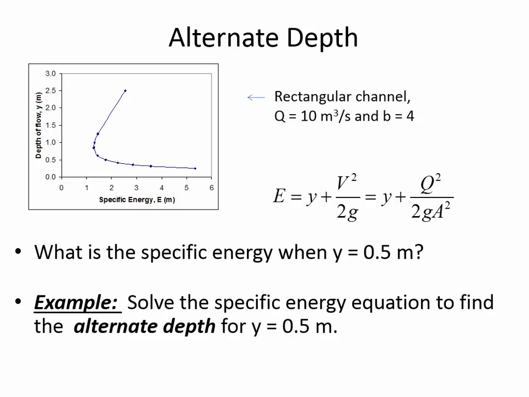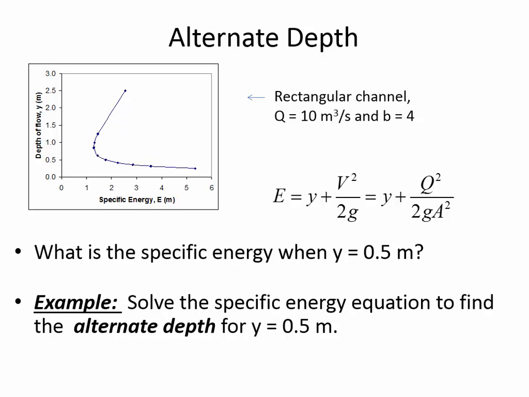All right, let me do that calculation up here on the board. Let's say for the flow conditions of 10 cubic meters per second, B is 4. What is the specific energy when we've got 0.5? Okay, the specific energy formula is E equals Y plus Q squared divided by 2gA squared.